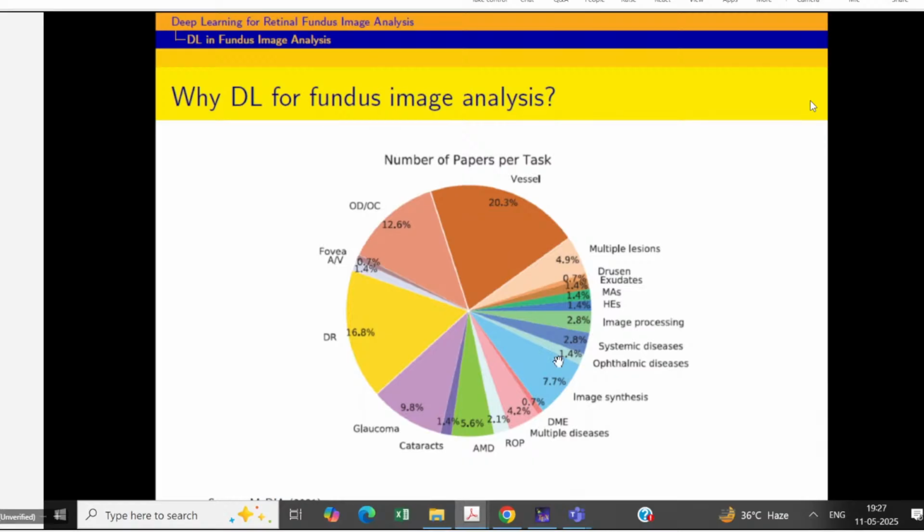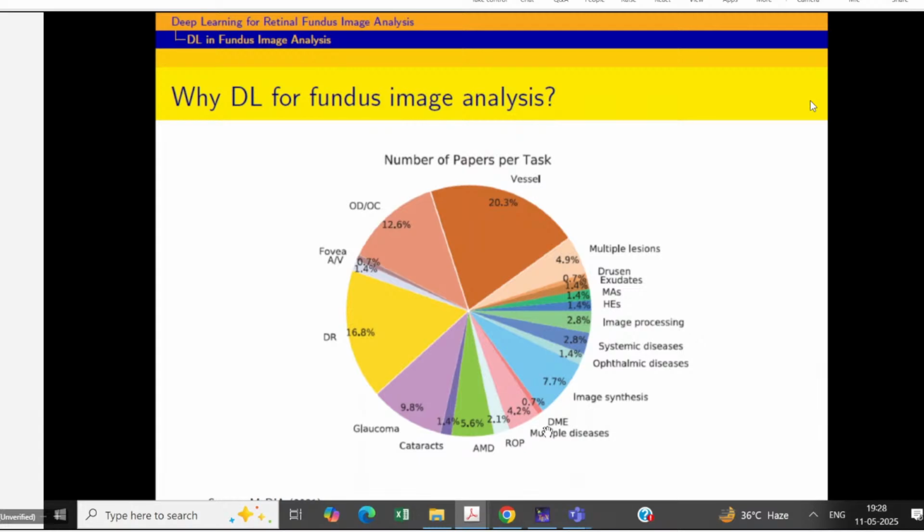If you look at this graph, you will see the percentage contribution for the DR category is 16.8, while for glaucoma it is only 9.8. So there is still a lot of work to be done. We'll see what is left and what is the current demand by the ophthalmologists for real time screening.